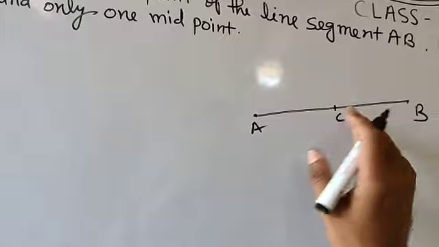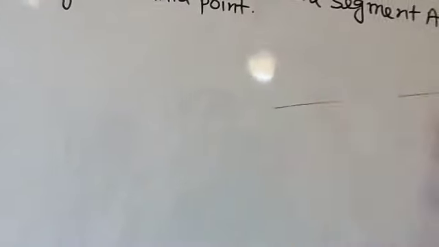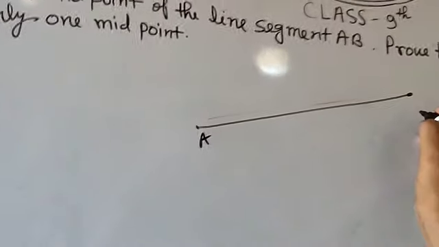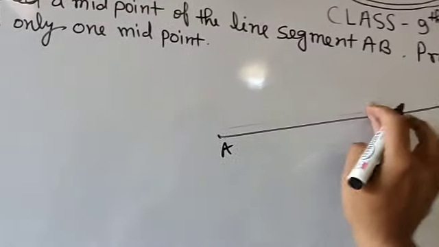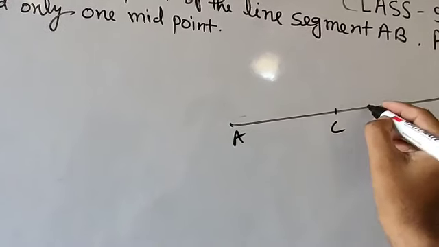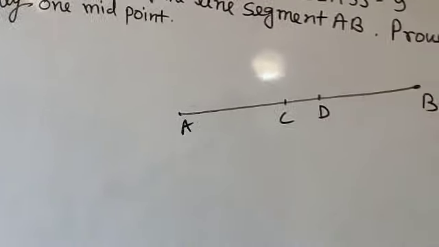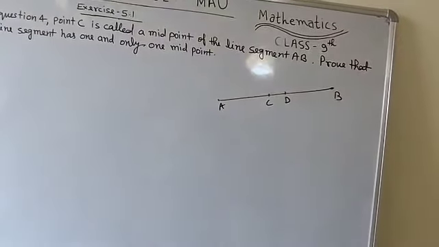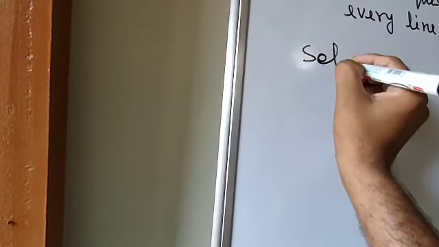So I am going to draw a line segment AB, and suppose that it has two midpoints, C and D. So here I am going to take two midpoints of the line segment AB. So here you will write the solution.